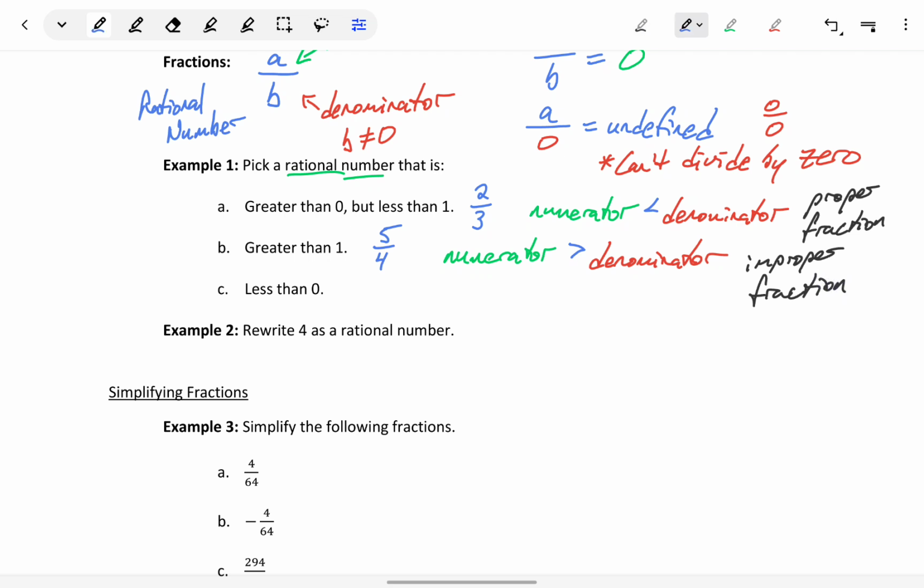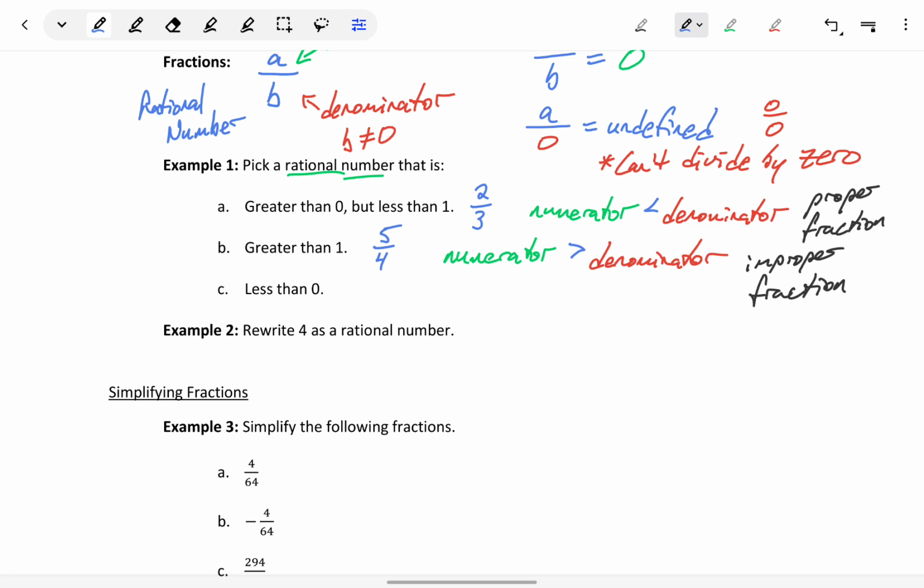So both of these fractions are completely valid. We just have that proper, improper distinction to reference whether the numerator or denominator is the larger value. If the denominator is larger, we have a value between 0 and 1. If the numerator is larger, then our fraction represents some value larger than 1.